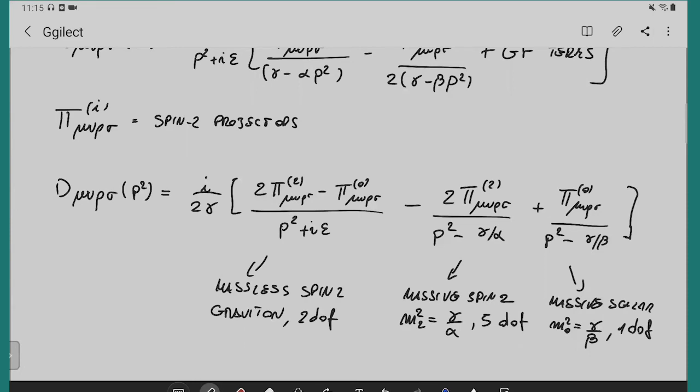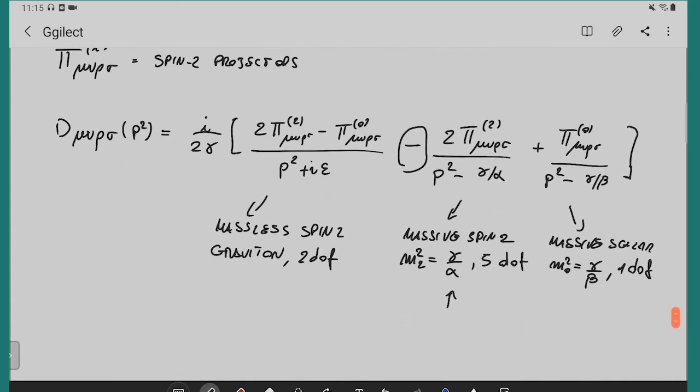And you see that there is a problem here, which is this minus sign. So if you compute the residue of the propagator on this pole, you will find a negative residue. And this is what breaks unitarity in this theory. So this is a massive spin 2 ghost.